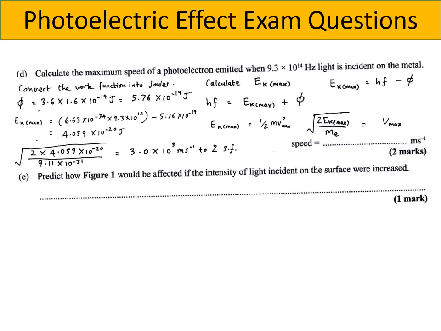And then plugging in our numbers, the square root of 2 times 4.059 times 10 to the power minus 20 divided by 9.11 times 10 to the power minus 31 is equal to 3.0 times 10 to the power 5 meters per second. And we do that to two significant figures because if you look at question D as well, the frequency there is two significant figures as well. Okay, so that's our answer there for 2 marks.